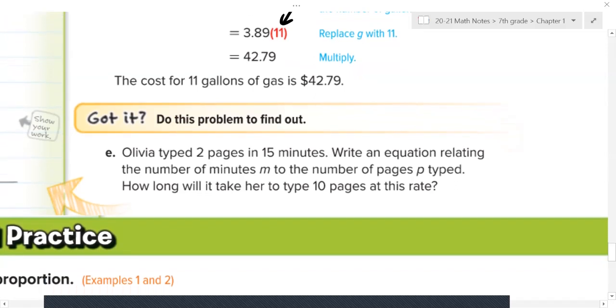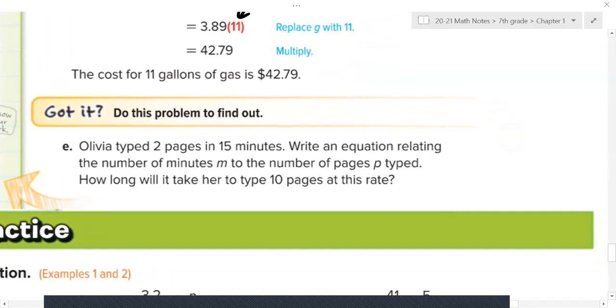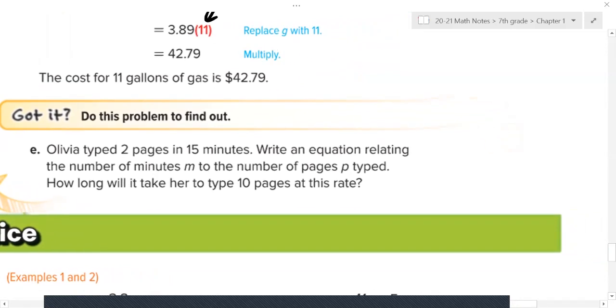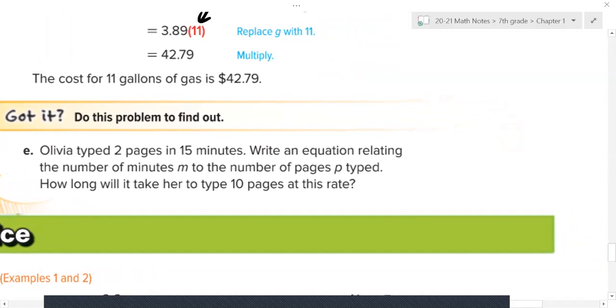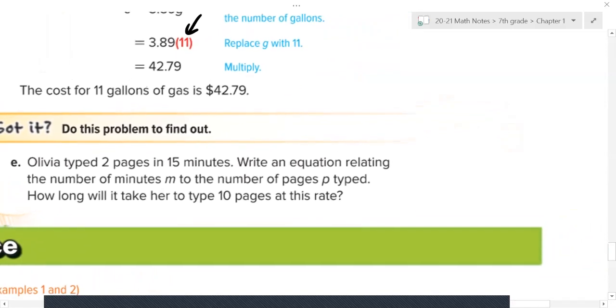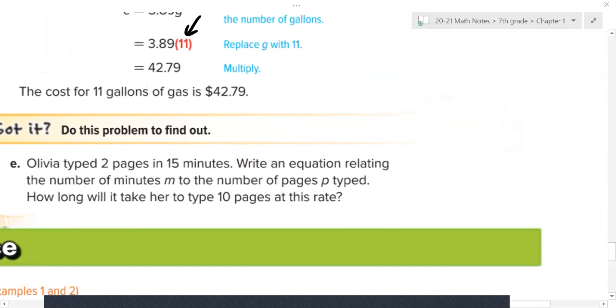So Olivia typed 2 pages in 15 minutes. Write an equation relating the number of minutes M to the number of pages P typed. How long would it take her to type 10 pages at that rate? So it says write it in minutes to pages.